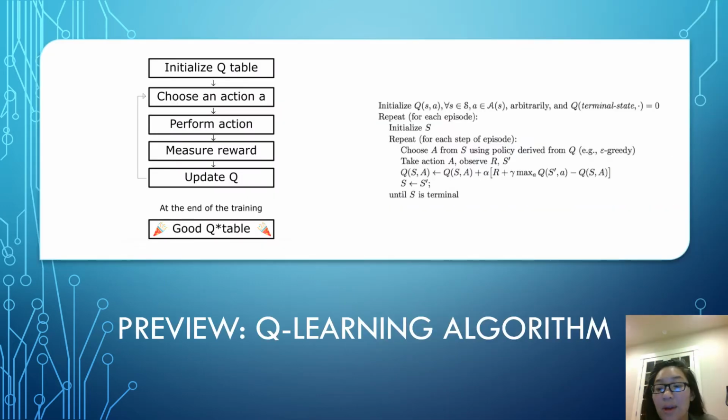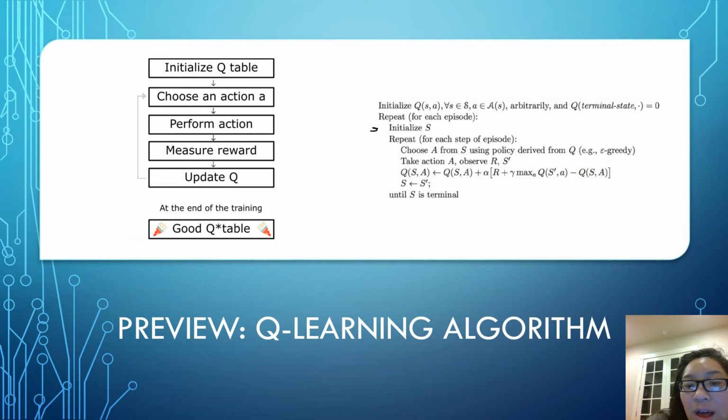So here's a summary of the Q learning algorithm. You initialize a Q table, choose an action A, perform the action, measure the reward, and update the Q using the Bellman equation. And that's essentially what's being said on the right side, except in more technical terms. You initialize the action value function given all the states and all the actions, say for example 0.